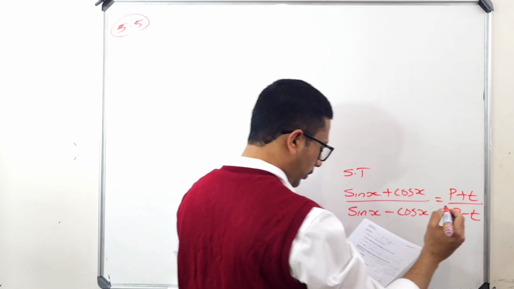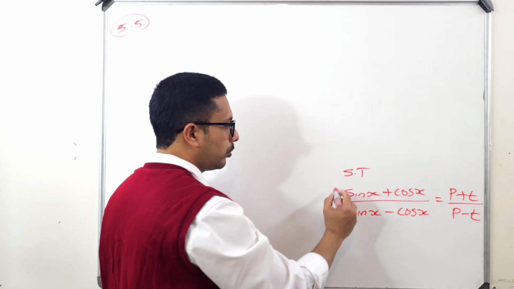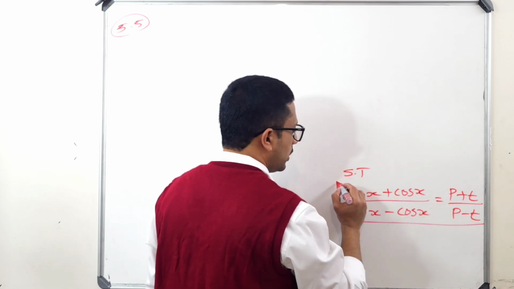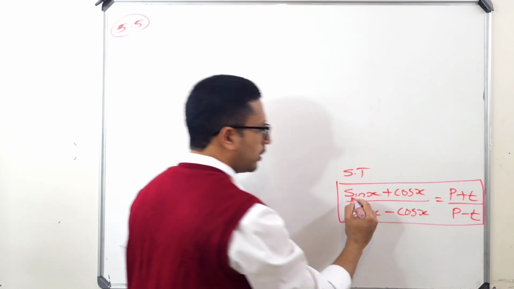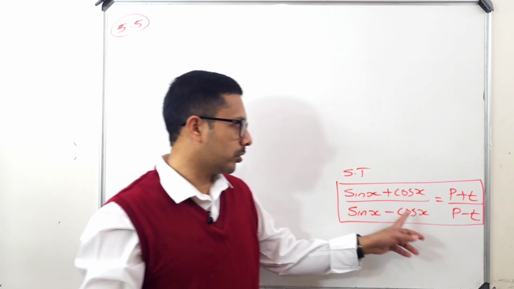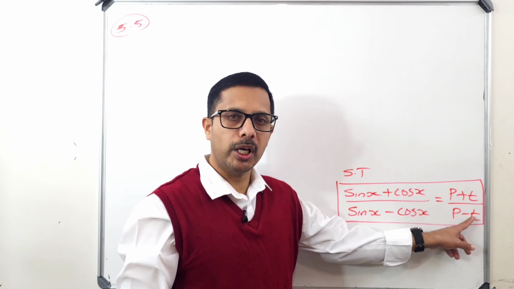I think so. Yeah, p minus t. So what you have to prove? You have to show that sin x plus cos x divided by sin x minus cos x is equal to p plus t divided by p minus t.